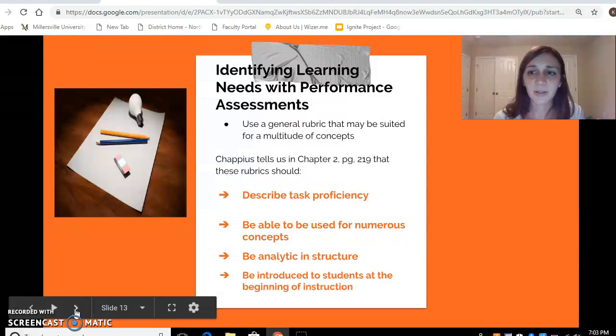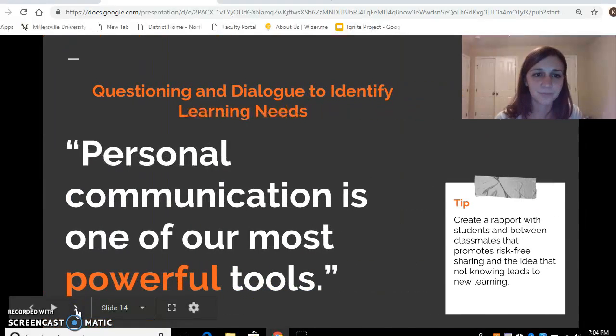To identify learning needs with a performance task, it needs to use a rubric, and we need to be able to use a general rubric that's used for different topics, and it should be given to students at the beginning of instruction.